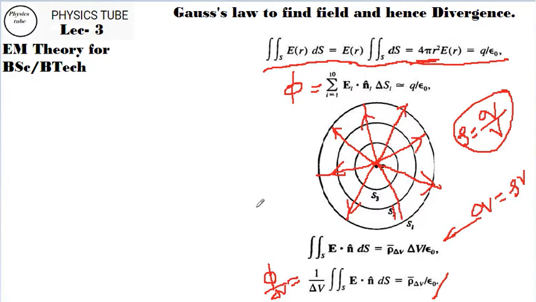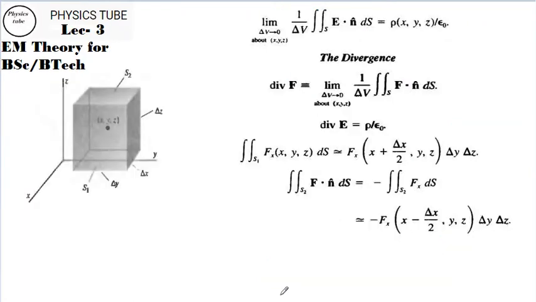When I say limit del v tends to 0, I mean the very consecutive next, next, next volumes I am considering, where the gap between the volumes is very small. In that case, I can evolve my concept of divergence.